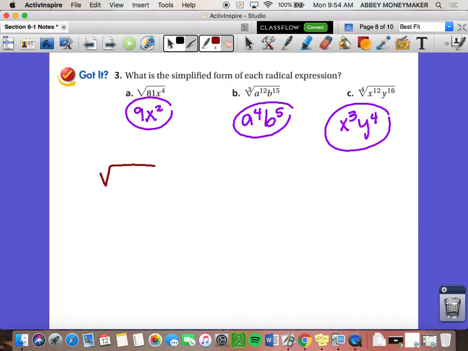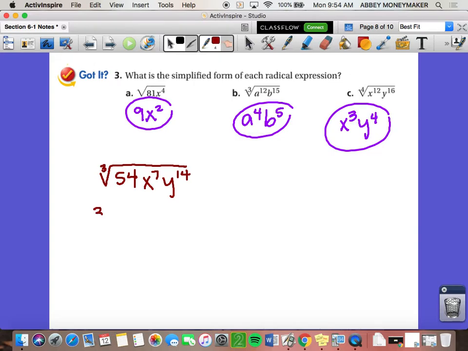we can say the cube root of 54x to the 7th y to the, let's say 14? Sure. Okay.